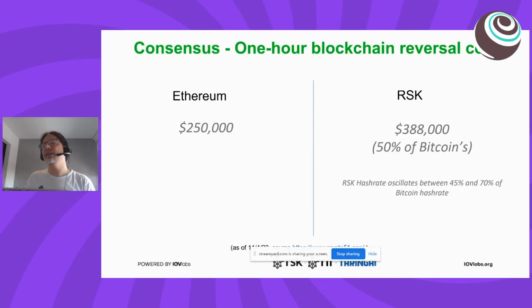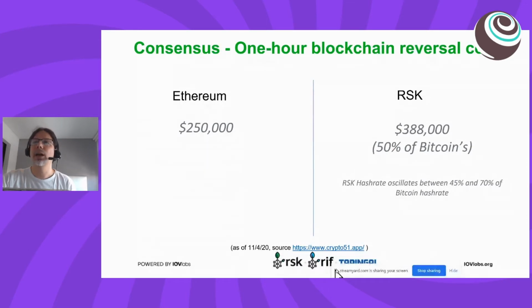What does this mean in practice? It means that the security you get from the Bitcoin miners is huge, right? So this is some data taken from the Crypto51.app website, where they compute on a daily basis what amount of money would be needed to invest, not counting electricity, to try to reverse 1 hour of blocks.